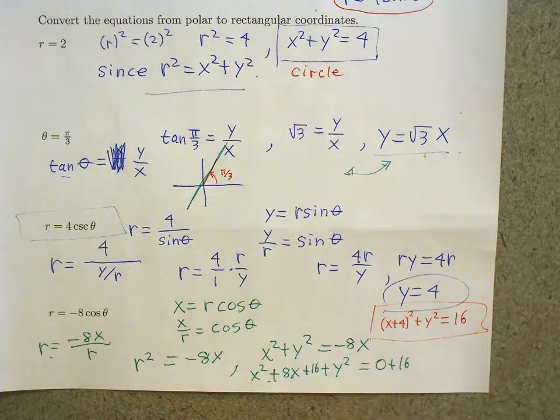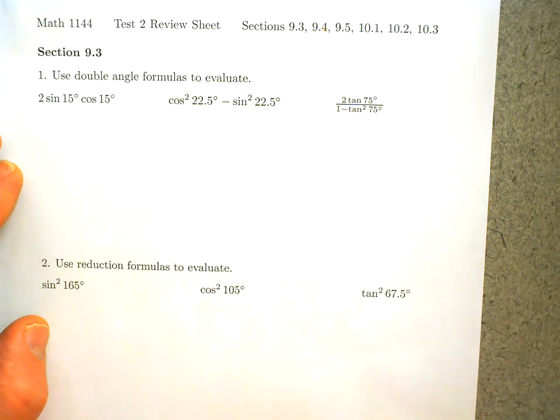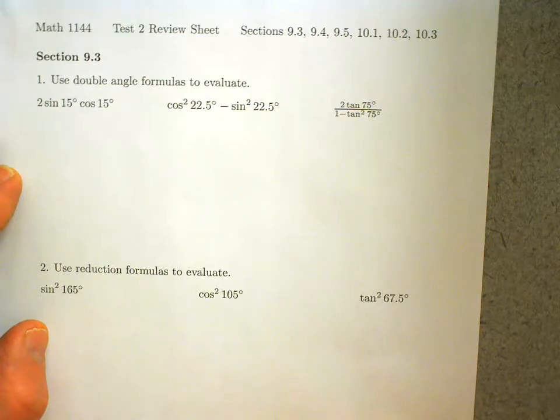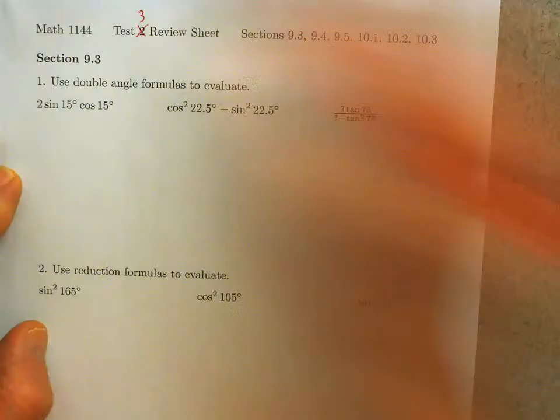So let's just go ahead and start with the test 3 review sheet. Okay, so there's a typo. This should be test 3 review sheet.